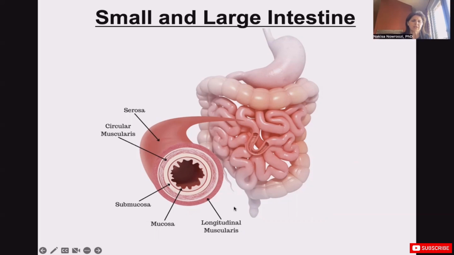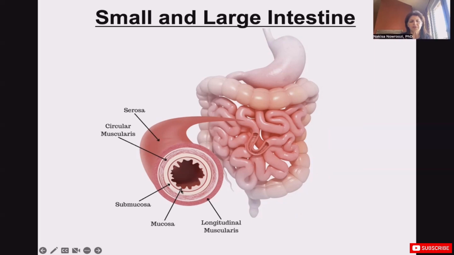This is how you can see it. You have the outermost layer of this organ system. It's called serosa. You're going to go into the longitudinal, then you go to circular, then you go to submucosa, and then the very inner layer is called mucosa. So this is the lumen where the food goes through.